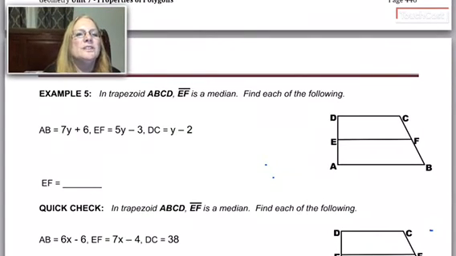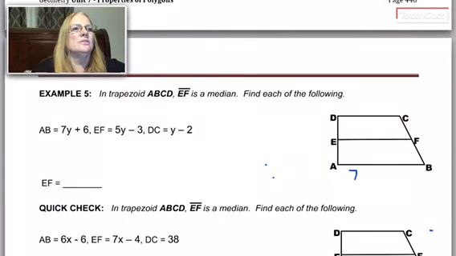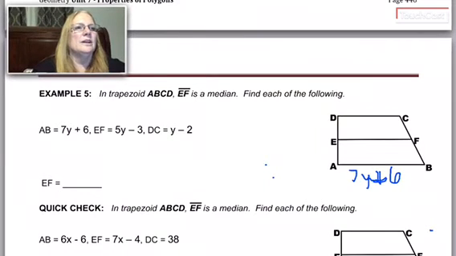Okay, we're going to do 2 more examples and then we'll stop this video and I'll finish in a second one because it's kind of long. So in trapezoid ABCD, EF is a median. And so now they give us AB, which is 7y plus 6. Sorry, my writing.